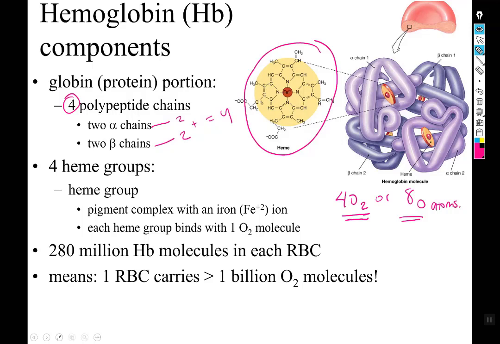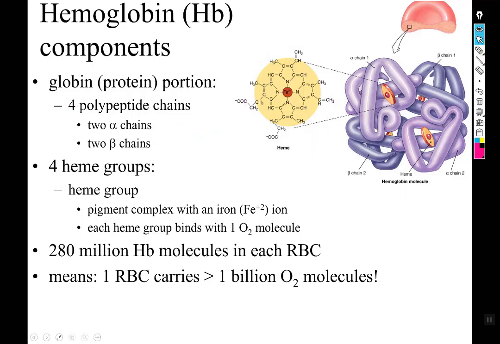So if you have 280 million hemoglobin molecules in each red blood cell, and then you multiply that by 4, that means that one red blood cell carries over 1 billion oxygen molecules, which is crazy. So it's very, very efficient as far as carrying. And as long as you're not being a bad ice cream man about it, it means you're efficient at dropping stuff off too.